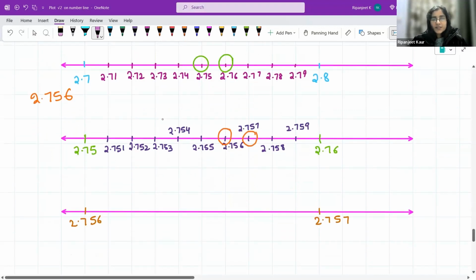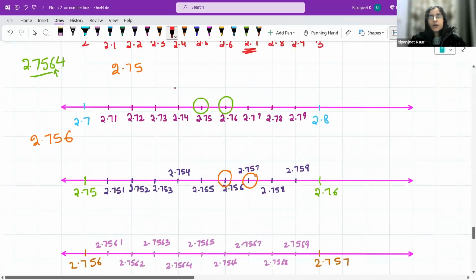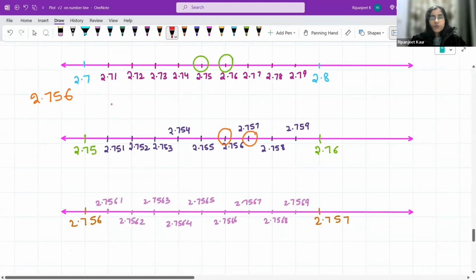So let us see next. The next numbers here will be 2.7561, 2.7562, and so on. So these are all the numbers between 2.756 and 2.757, right? So we want to locate the number 2.7564.